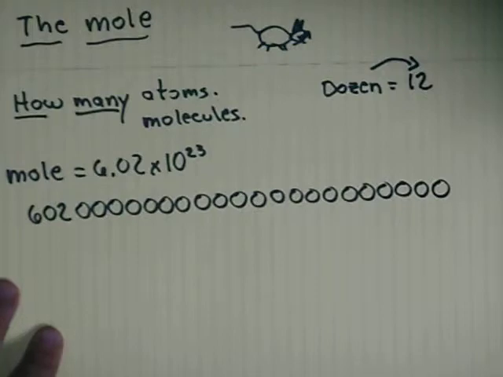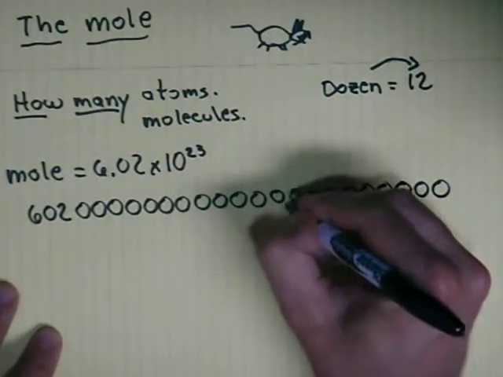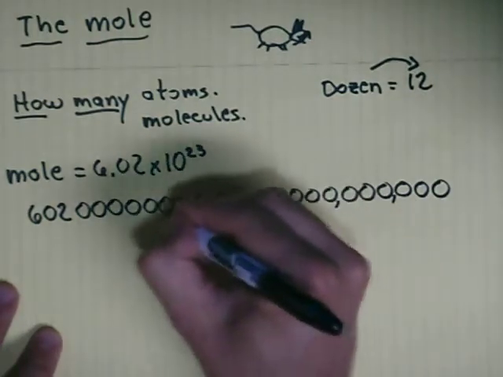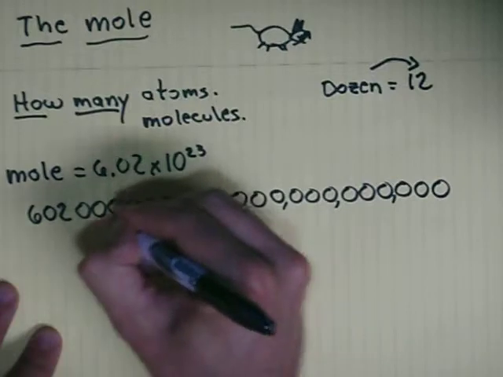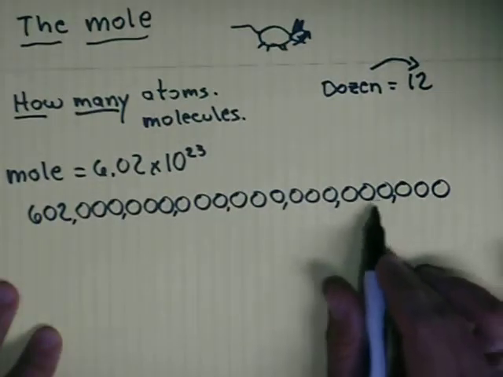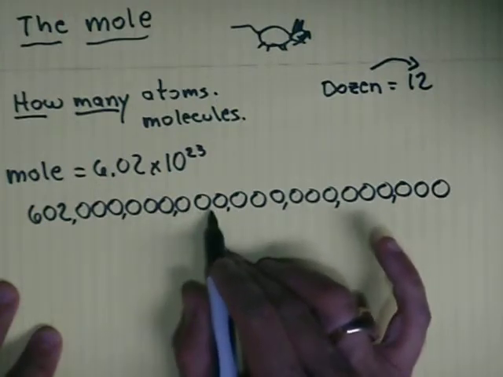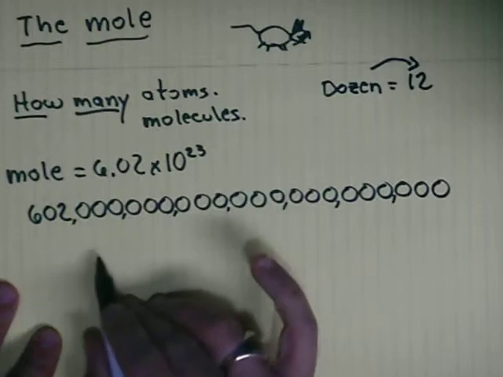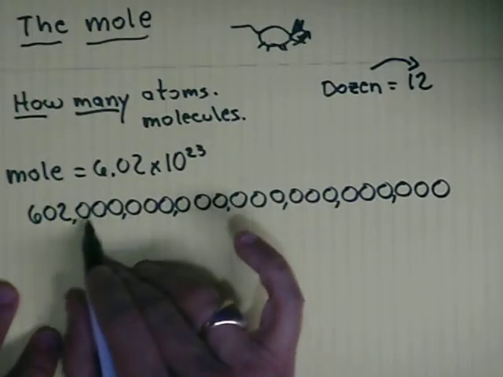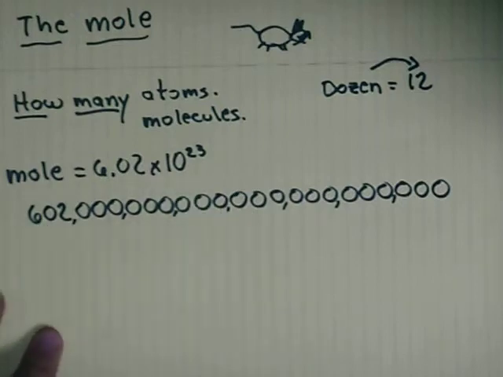So it would be that many atoms, that many molecules, which is quite a few. Put in commas, just so we can have some reference. So we've got hundreds, thousands, millions, billions, trillions, quadrillions, quintillions, and then sextillions.